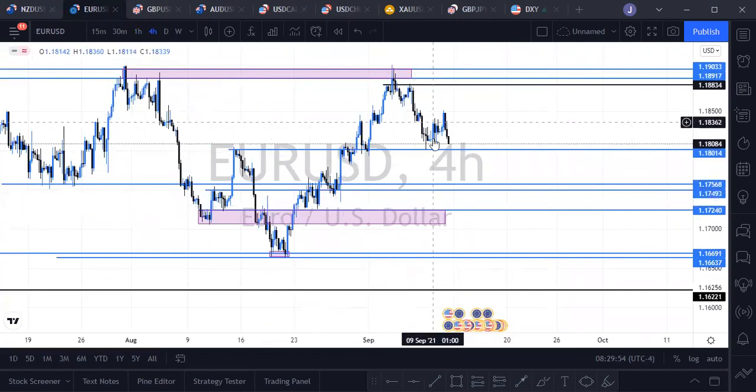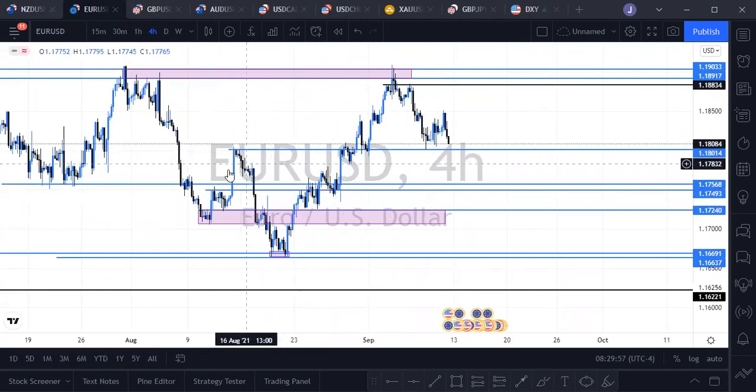Euro USD has been on a down move, so I'm expecting it to come to this zone, or possibly this zone. So that means target one should be here, then final target should be here.